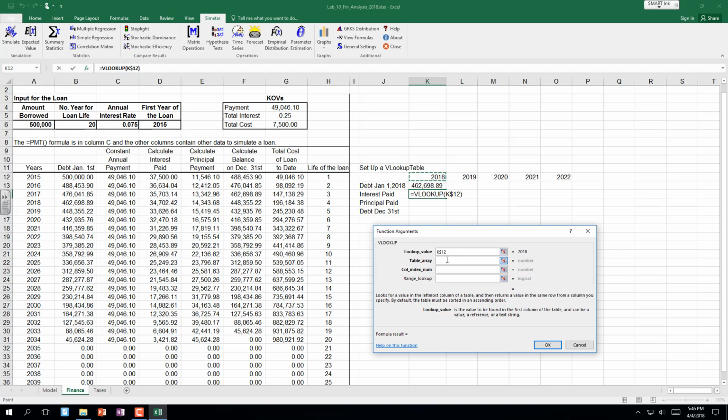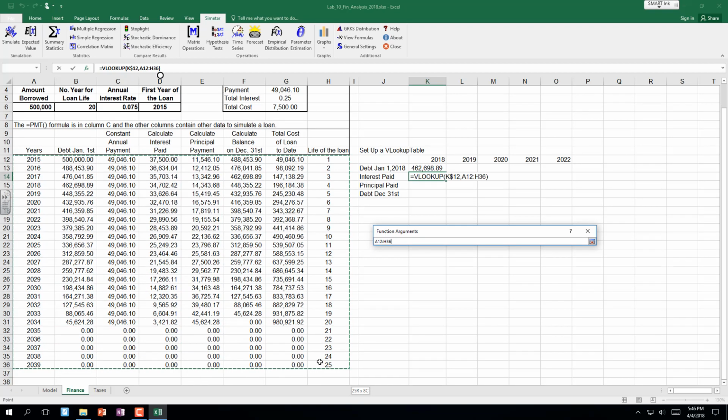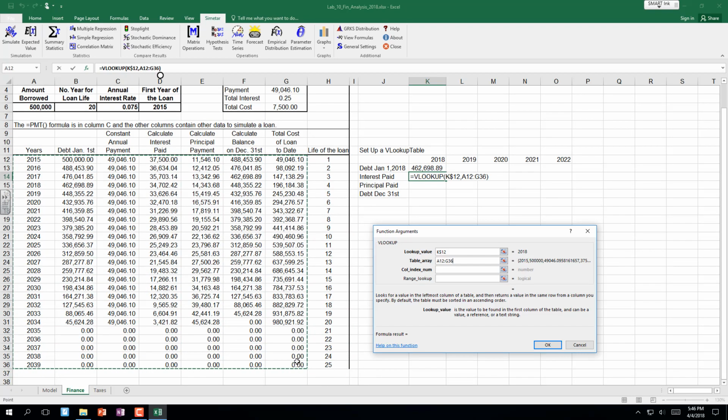Now the table or array I want it to look in is this thing here. And it's going to come down here and find 2018, and then it's going to come across here and pull a number out based on the column I tell it. No kidding. This is really useful. Okay. So the array I'm going to use, I'm going to just highlight the whole thing because who knows, he may change his mind.